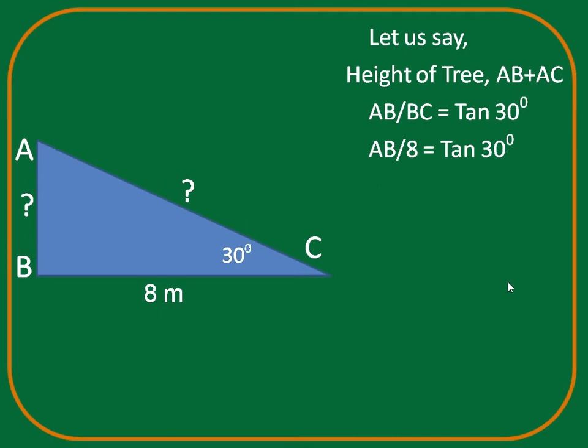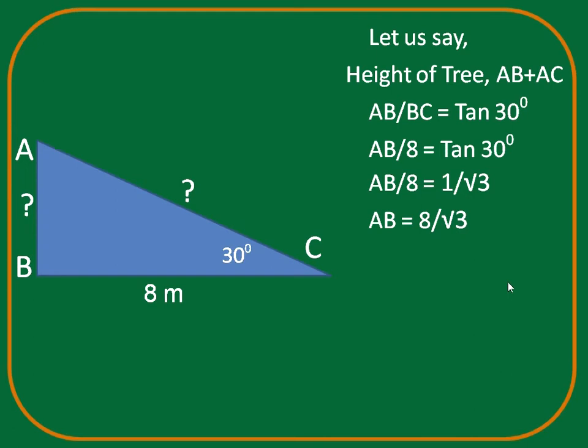So AB upon 8 is equal to tan 30 degrees. And we know the value of tan 30 degrees is 1 upon square root of 3. So AB upon 8 is equal to 1 upon root 3. It means by cross multiplication we can get AB is equal to 8 upon root 3.